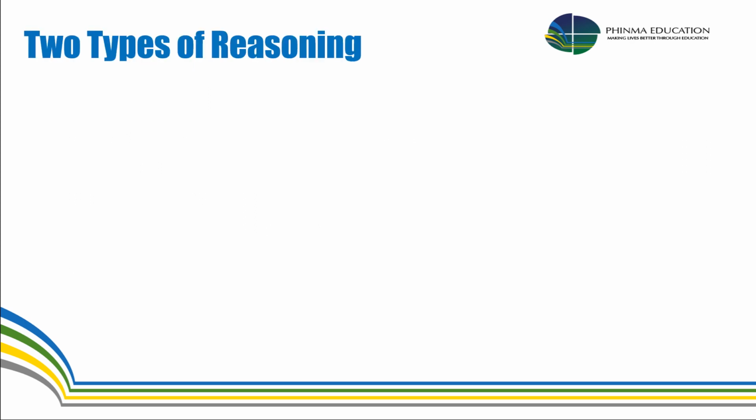Now, forward na po tayo. So, we have here the types of reasoning. Actually, we have four types of reasoning: intuition, analogy, deductive, and inductive reasoning. But in this particular lesson, we are going to discuss only the two types of reasoning which are used in mathematics.